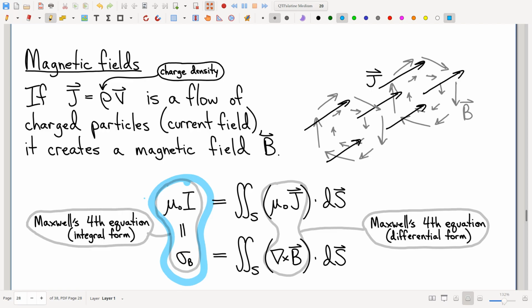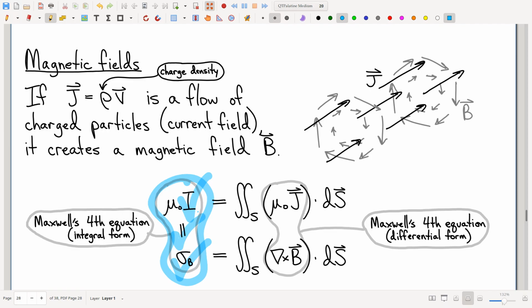You know what the current is, and you can compute directly from empirically observed data that the circulation of the magnetic field is whatever. Right? Again, you can measure it. You know what the current is. Again, that could be measured or controlled. And you just notice that they are always in proportion like this.